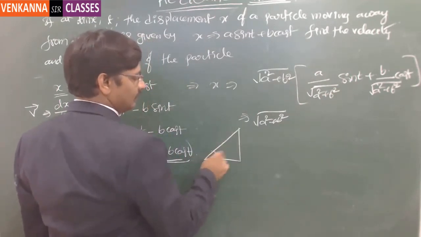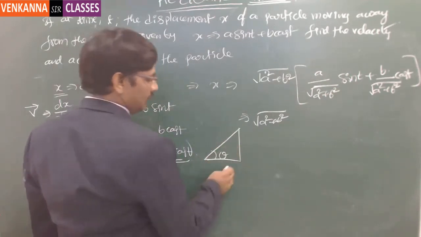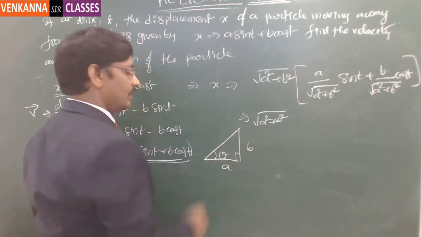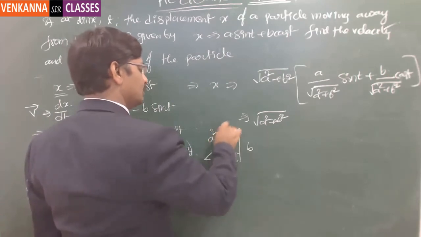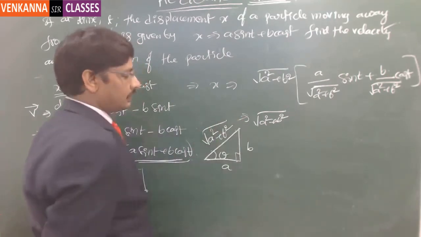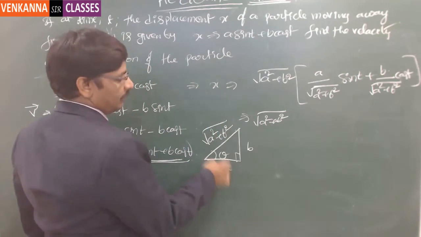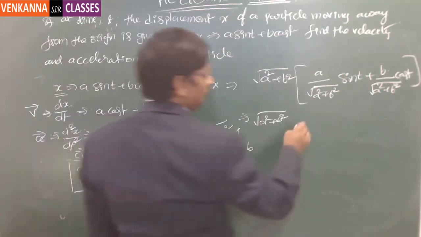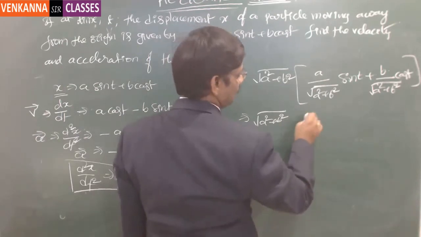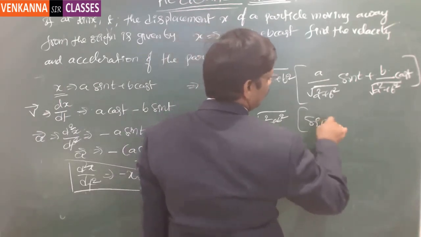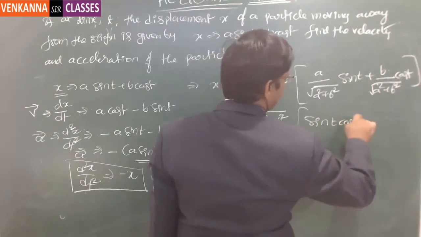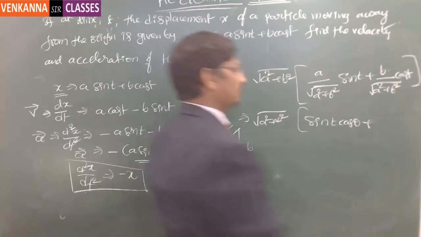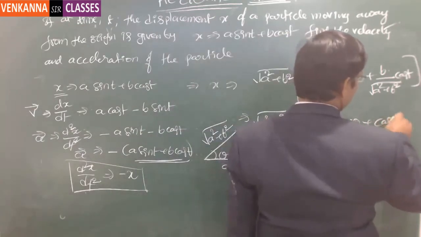I call this angle theta, this side a and this side b. Being a right angle triangle, the hypotenuse is square root of a square plus b square. So a by square root of a square plus b square I can treat as cos theta, and b by square root of a square plus b square I can treat as sin theta. So this is square root of a square plus b square into sin t cos theta plus cos t sin theta.